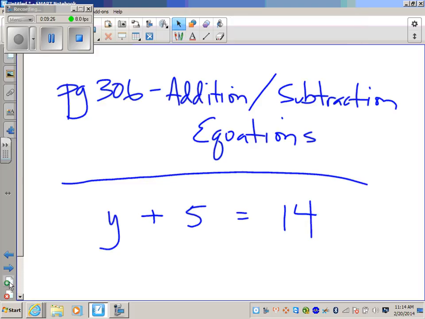Let's take a minute to examine the first equation that's up on the board. What makes that, first of all, what makes that an equation? What's so special about that one up there that would make it an equation? Desi?